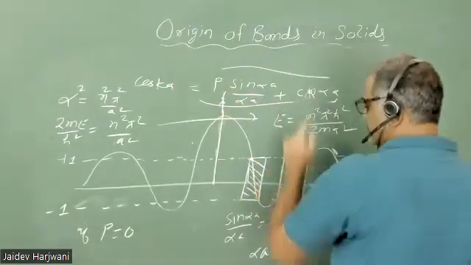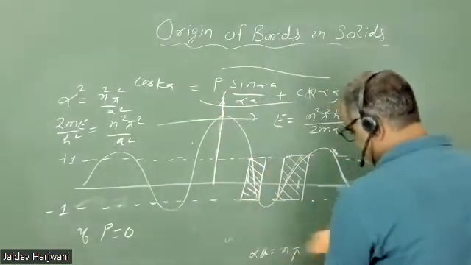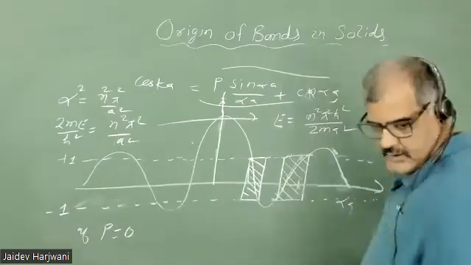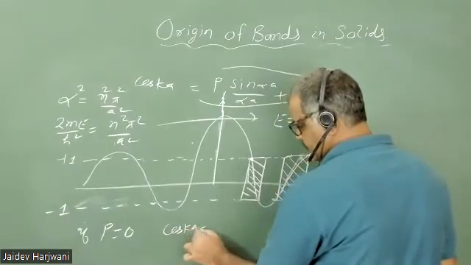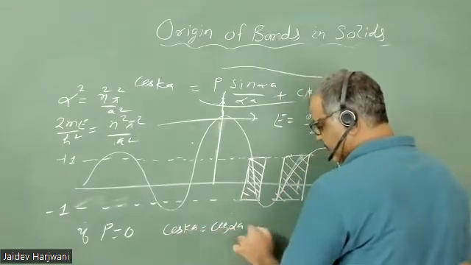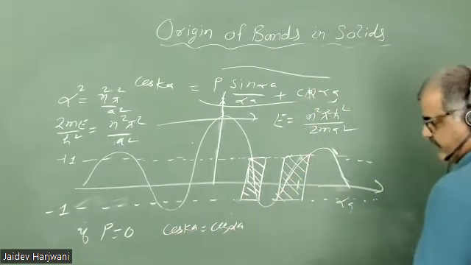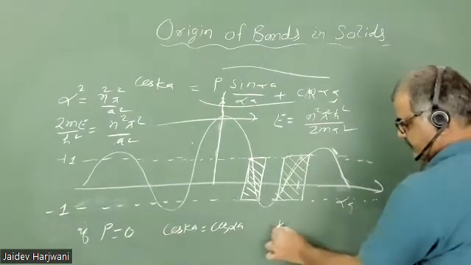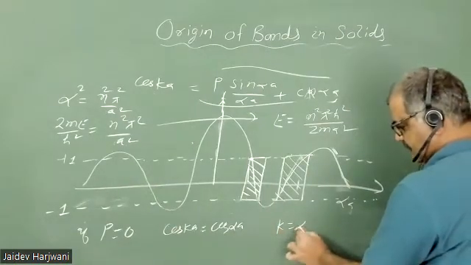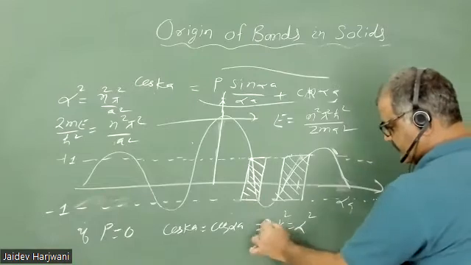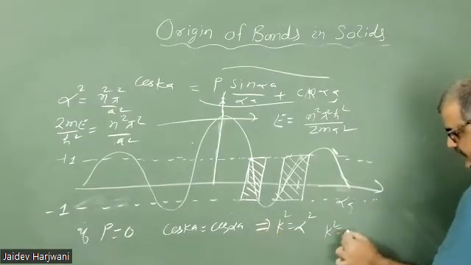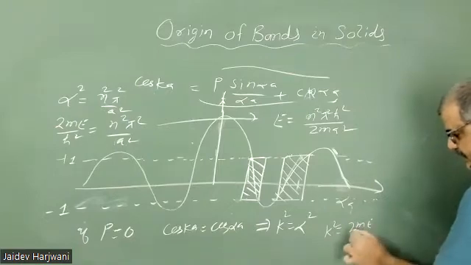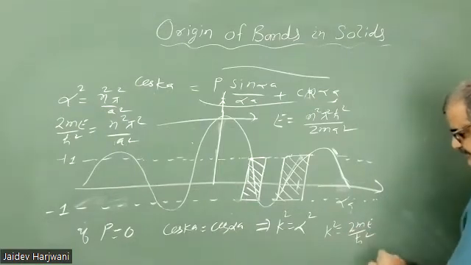Cos K equals cos alpha A. Then we can write K equals alpha, or K square equals alpha square. And you know alpha square is 2mE upon h cut square.